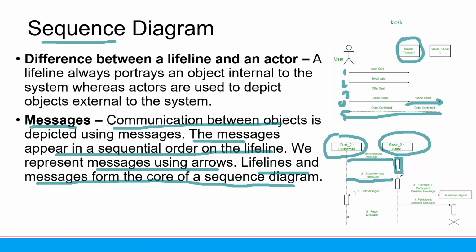And once the bank receives the message, they will do something. Okay, so there's a processing here. And this is the participant creation message. So after they receive the message from the customer, message 1, message 2, the bank will deliver the message to the insurance agent. And then there is a participant deletion message if, for example, the bank already received the confirmation, then they want to delete the message.